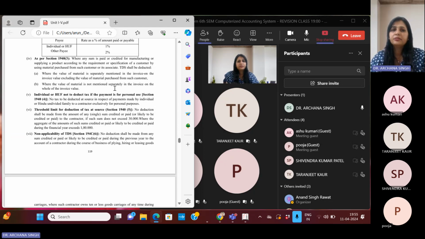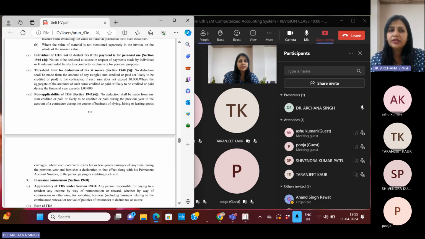Where the value of material is not mentioned separately in the invoice, TDS is deducted on the whole of the invoice value.